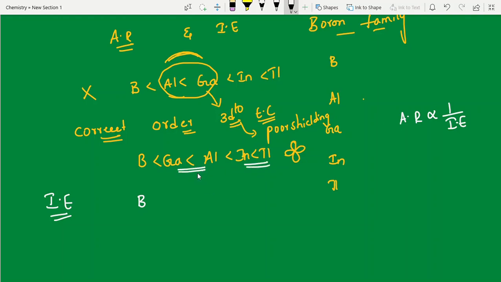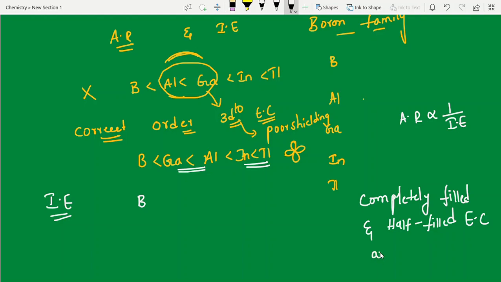Here we know completely filled and half-filled electronic configurations. Completely filled and half-filled atomic orbitals are more stable.